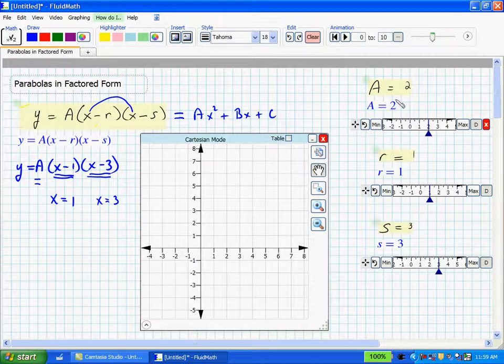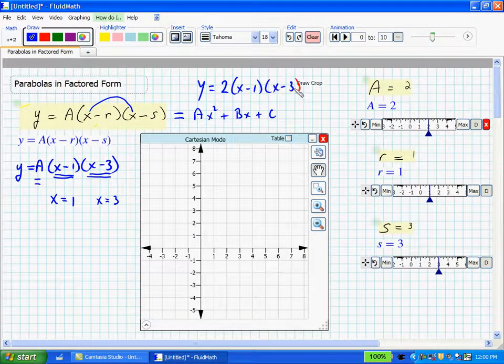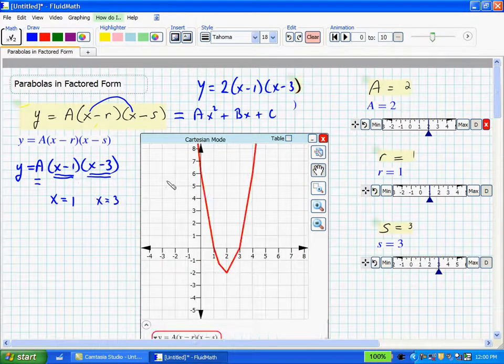So if the shape is 2, and r is 1, and s is 3, we're graphing almost the same thing as before, except it's now going to be a specific y equals 2 times (x minus 1) times (x minus 3). I'm going to graph this one in particular. So let's see what we get. The graph does go through 1 and 3, as we expected, and the vertex is halfway in between.